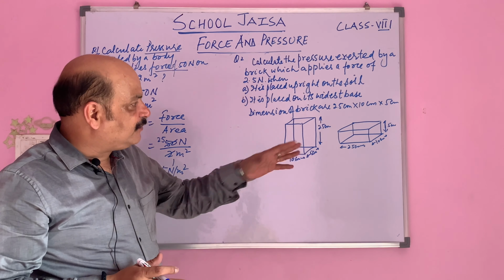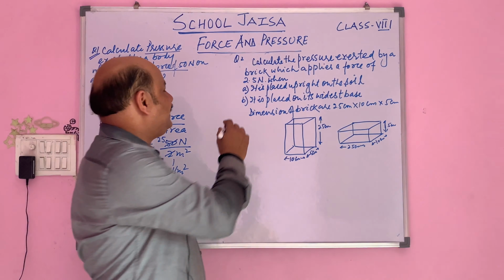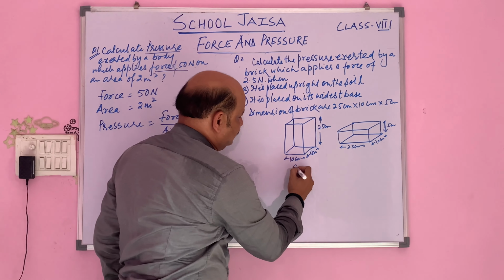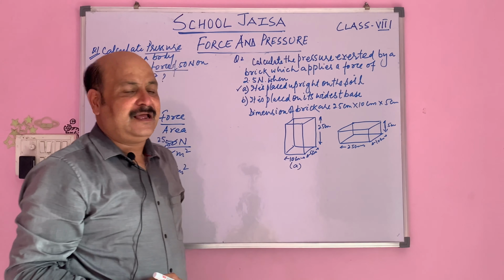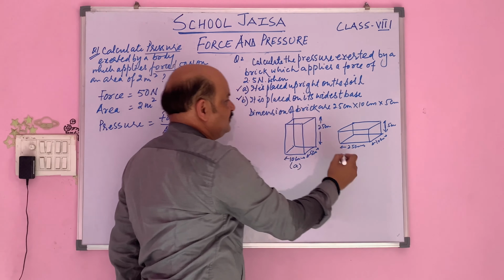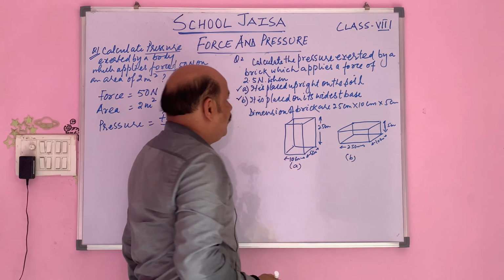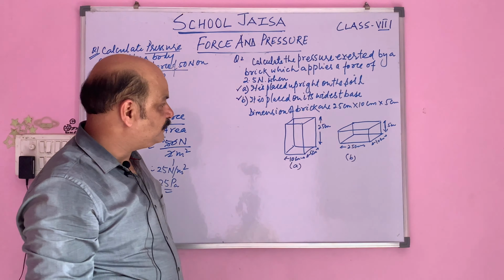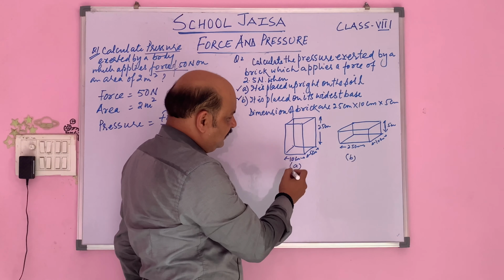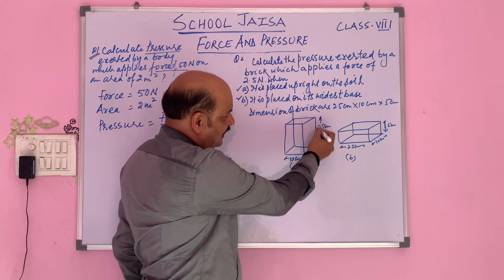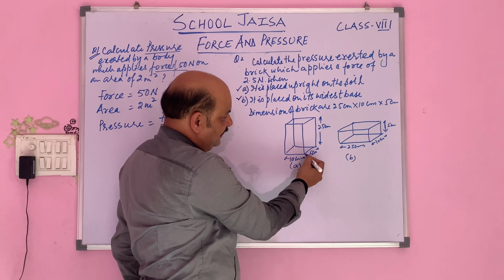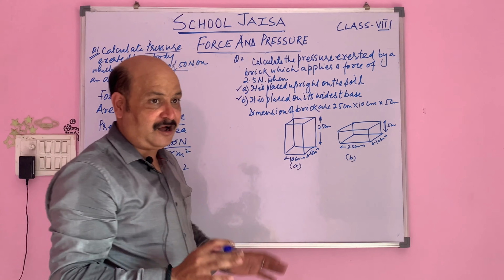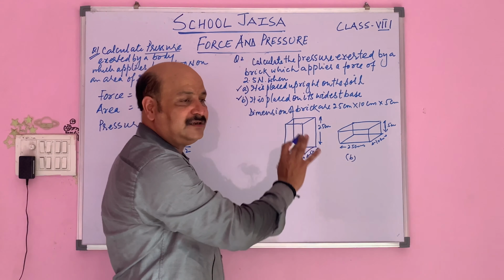So this force which is going to be exerted on the surface is by the brick, that is 2.5 Newton, by this brick as well as this brick. Now we see the two different positions. When I talk about the A part, this is part A, and when I talk about the B part, this is B. When I say upright, that means standing vertically like this, so this would be the length, this would be the breadth, and this is the height of this brick as per the dimensions given.